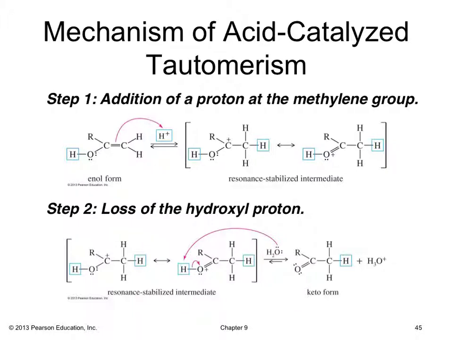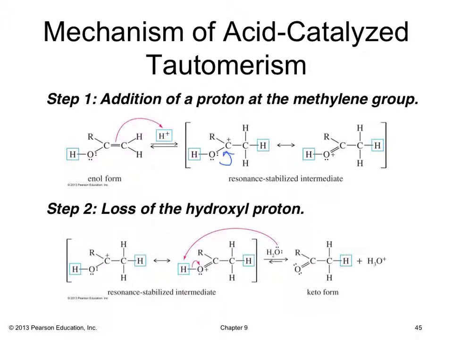So, the mechanism of acid catalyzed tautomerization. First, you have addition of a proton at the methylene group. So your source of electrons is over here. It protonates, generating your carbocation. Now this undergoes keto-enol tautomerization, in which you have electrons from your oxygen come in, right? Form that double bond.